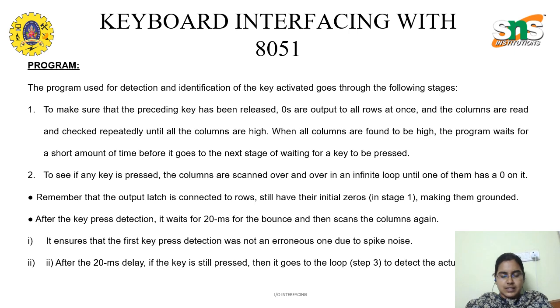After the key press detection, it waits for 20 milliseconds for the bounce and then scans the column again. This ensures that the first key press detection was not an erroneous one due to spike noise. After the 20 millisecond delay, if the key is still pressed, it goes on to step 3.